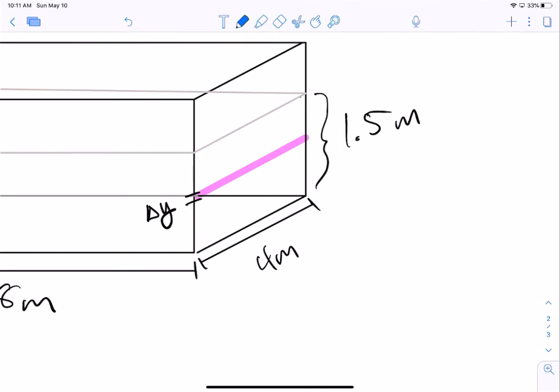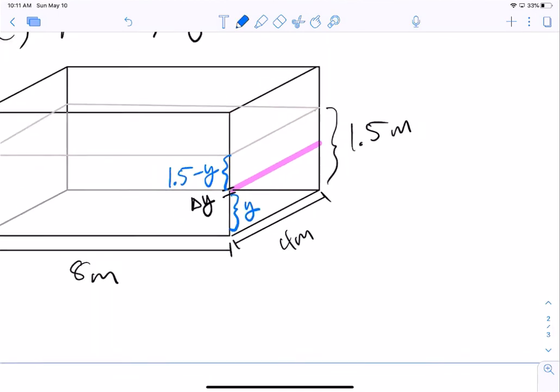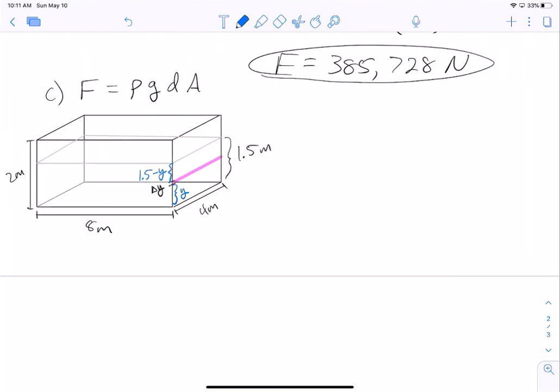What I'm going to do is label the distance from the bottom of the tank up to that pink strip as y. And then the distance from the top of the tank to that pink strip is going to be 1.5 minus y. By doing this, y points in the up direction, like we're used to. We won't always try to do that, but it makes sense in this case to me.